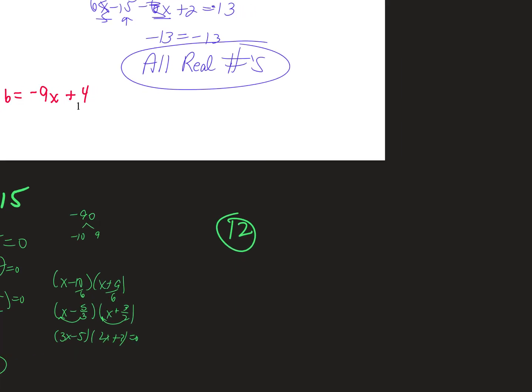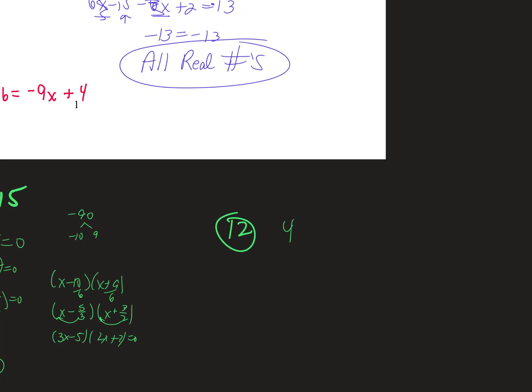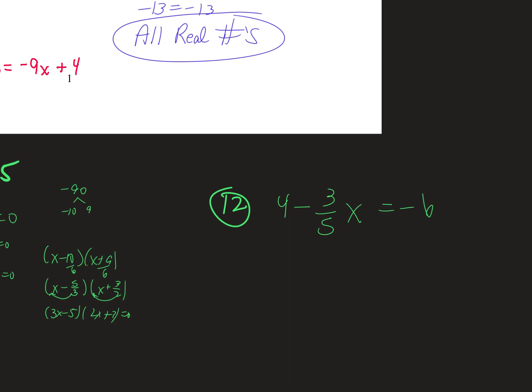So number 12 is 4 minus 3 over 5x equals negative 6. So we can multiply the whole equation by 5 if you want to, or you could deal with fractions. I'm going to go ahead and multiply this whole thing by 5. What I do to one side, I do to the other. This is over 1. This is over 1.